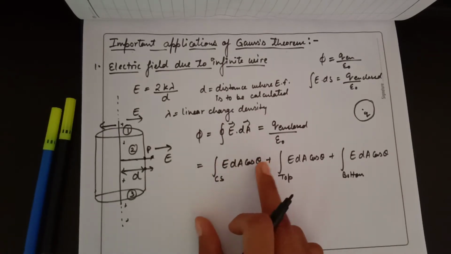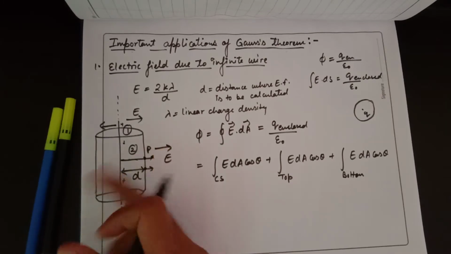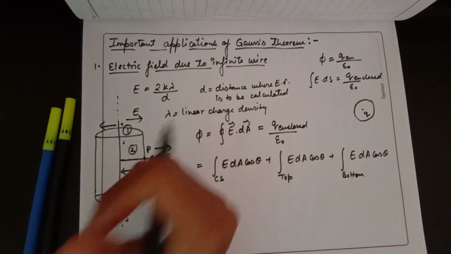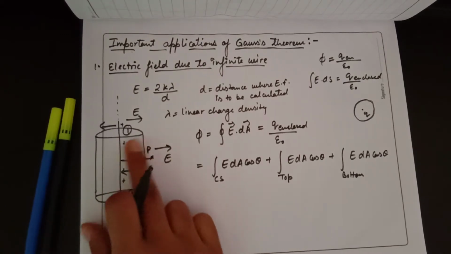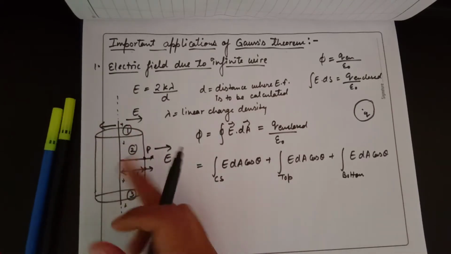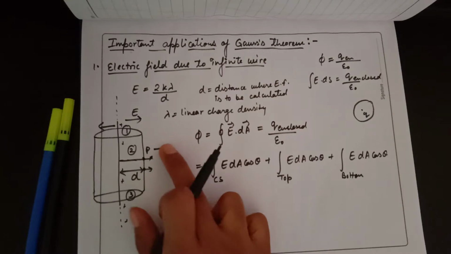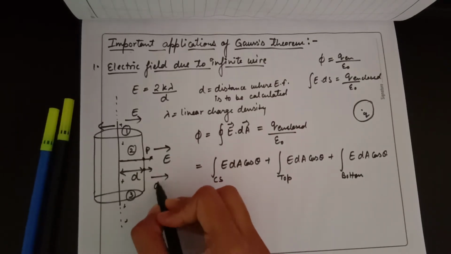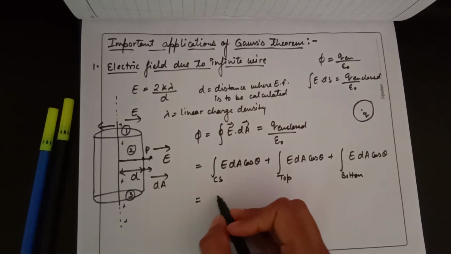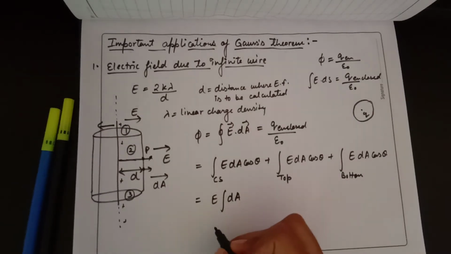The electric field is also moving outward, and if I take the perpendicular area vector to this curved surface, it will also be outside. So the angle between E and dA is 0 and cos 0 is 1. So I get E integration dA from here.